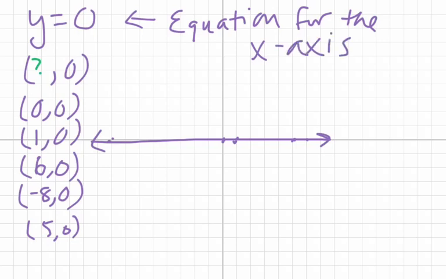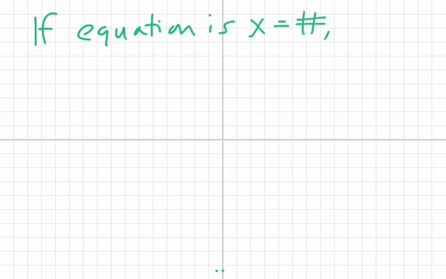All right, quick little summary then. If the equation is x equals a number, then it is a vertical line.